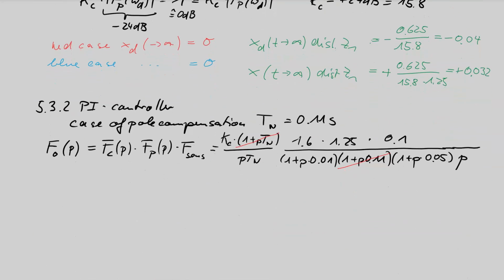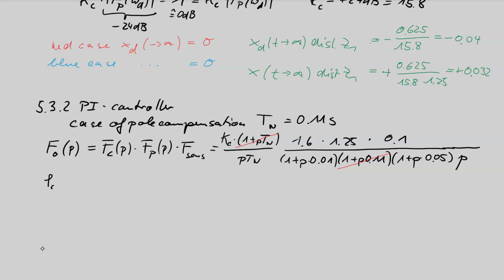So now look what we have. The 0 here compensates the pole, the dominant pole of the process. Here is an integrator of the PI, and this is the integrator of the process. So we have two integrators in the open loop and two PT1s left.